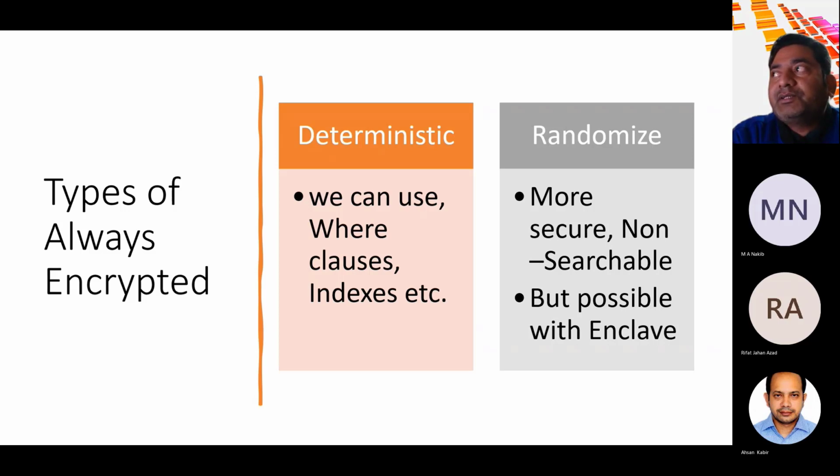If we use randomized, it provides more security on top of deterministic, but we lose a few features like searchability. Those things are possible with the latest SQL Server with the help of an enclave. In our demo today, we are not going to use the enclave, but we will see how it works.